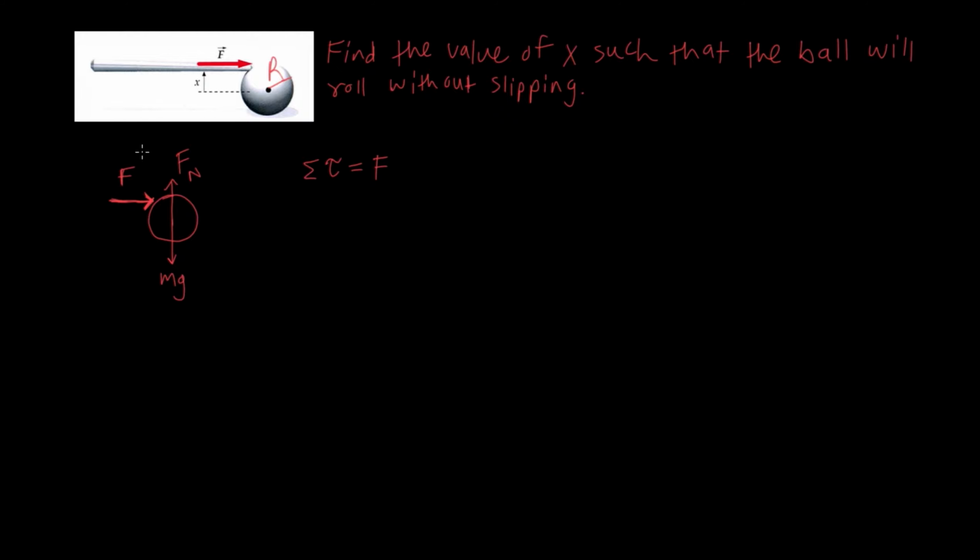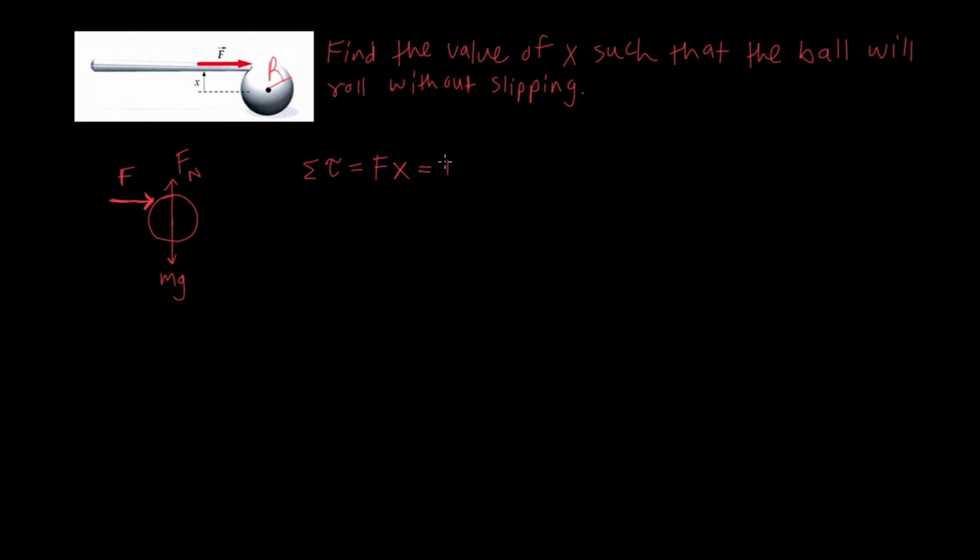The force F is just the force due to the stick, and that's multiplied by x. And the value of x is how far away this force is from the axis of rotation. And the axis of rotation is right there. So the value of x is the distance from the axis of rotation to the force F.